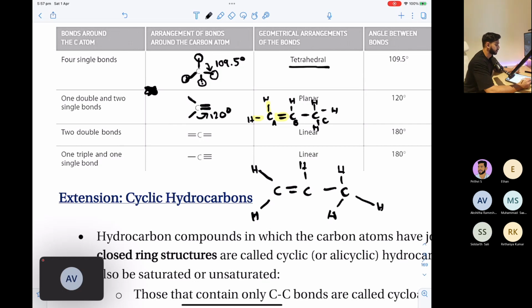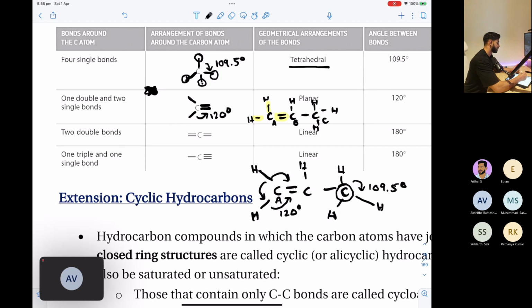This carbon will have a tetrahedral arrangement of all of its atoms, about 109.5 degrees apart. And this carbon will have all of its bonds 120 degrees apart. So the answer was carbon A.